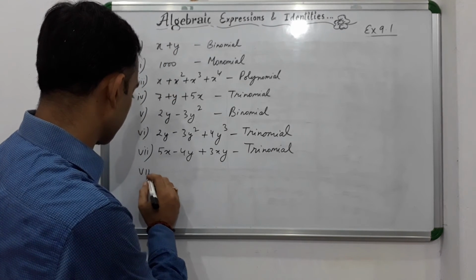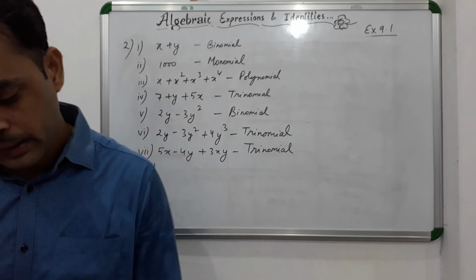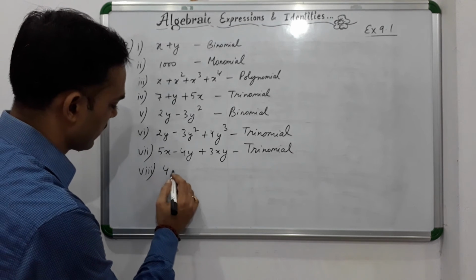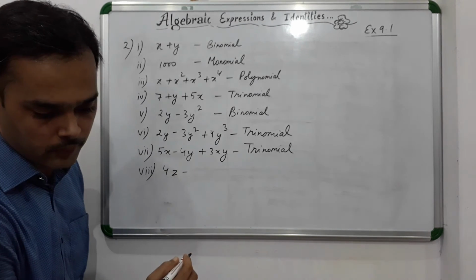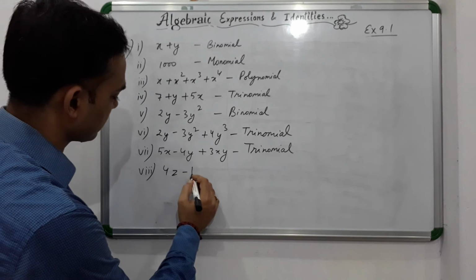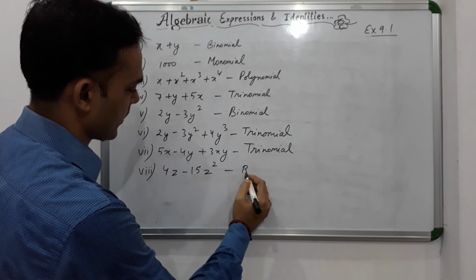Then after the 7th, let's move on to the 8th part. In the 8th part, it is 4z minus 15z square. Now since there are two terms, it will be binomial.